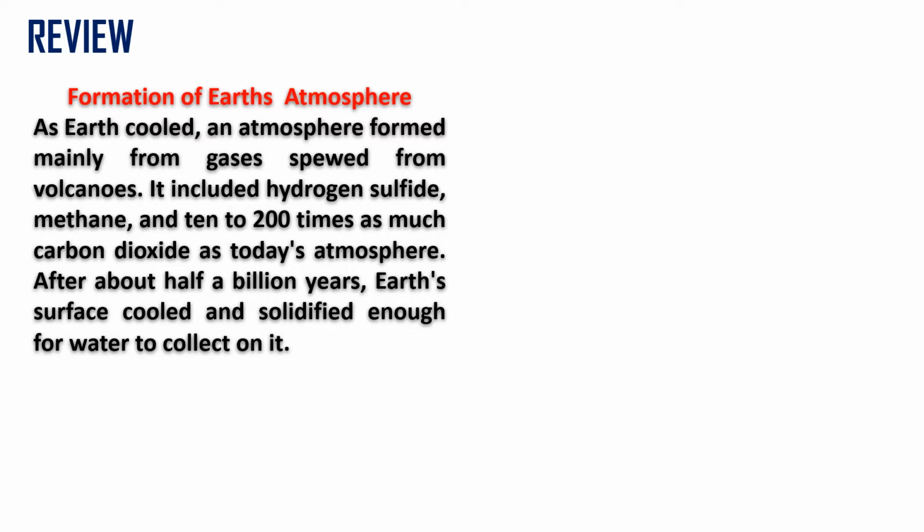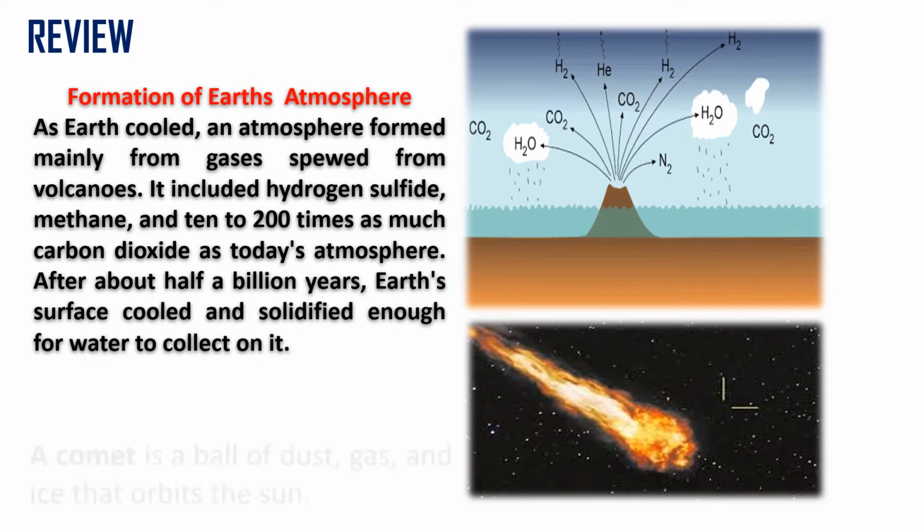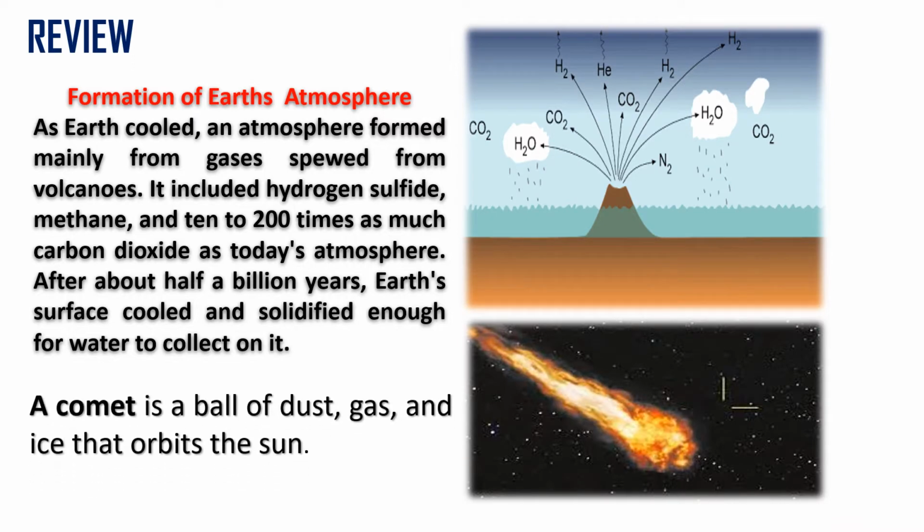After about half a billion years, Earth's surface cooled and solidified enough for water to collect on it. Comet. A comet is a ball of dust, gas, and ice that orbits the Sun.